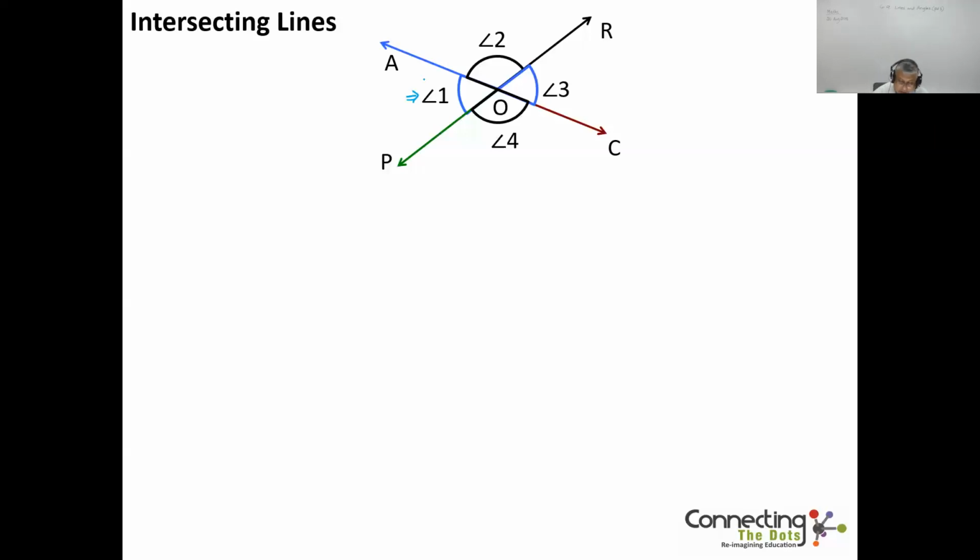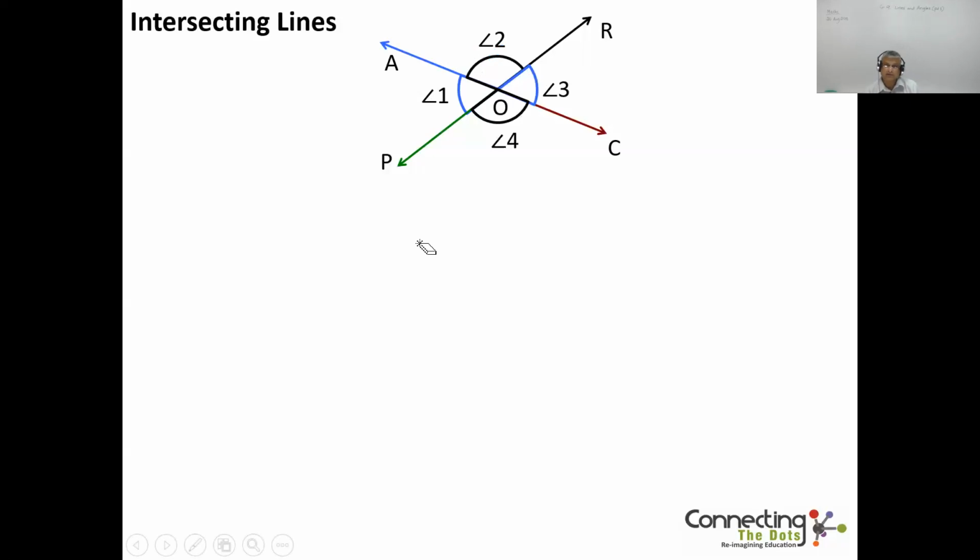We can immediately see this angle 2 is a neighbor, right? It has this common wall. So angle 2 is a neighbor and angle 4 is also a neighbor. On this side, there is this common wall. So 2 and 4 are neighbors of 1.